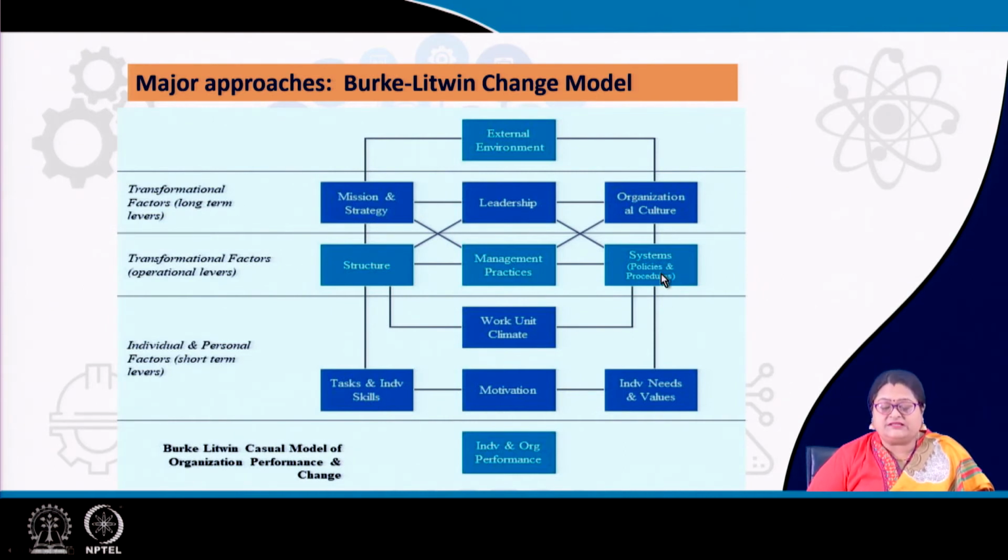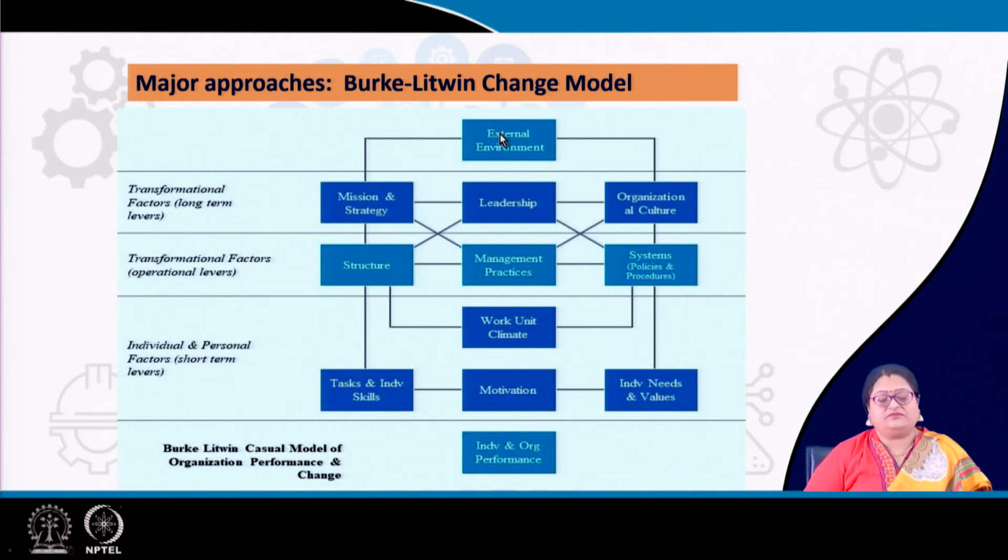In the systems, if you look at the organization and culture, what the policies and procedures are, and whether they take care of individual needs and values or not, it affects the motivation of the individuals. Ultimately, what gets affected is the individuals' and the organization's performance.